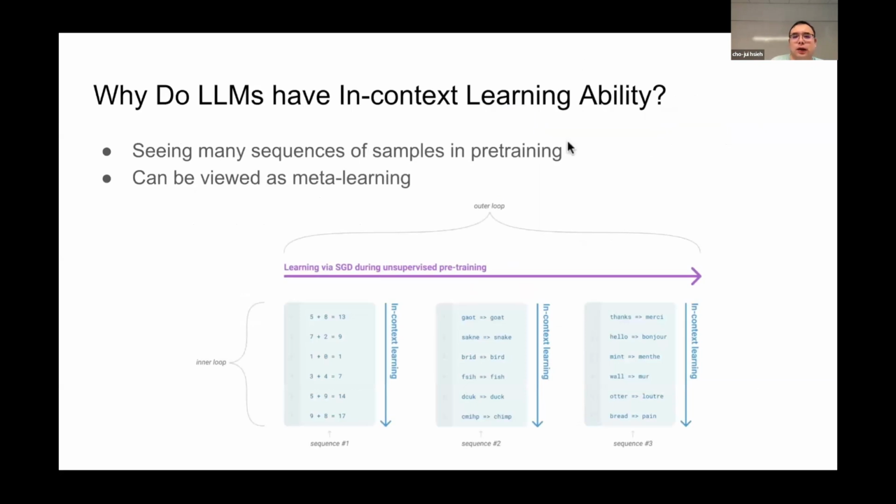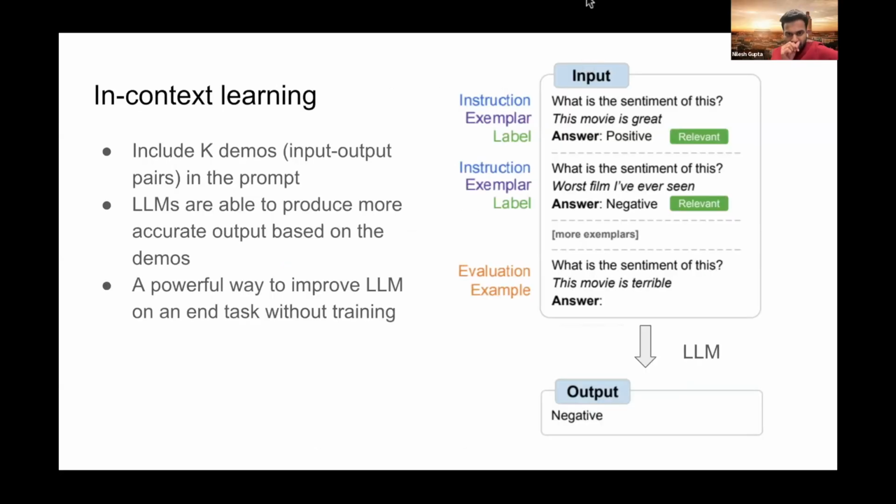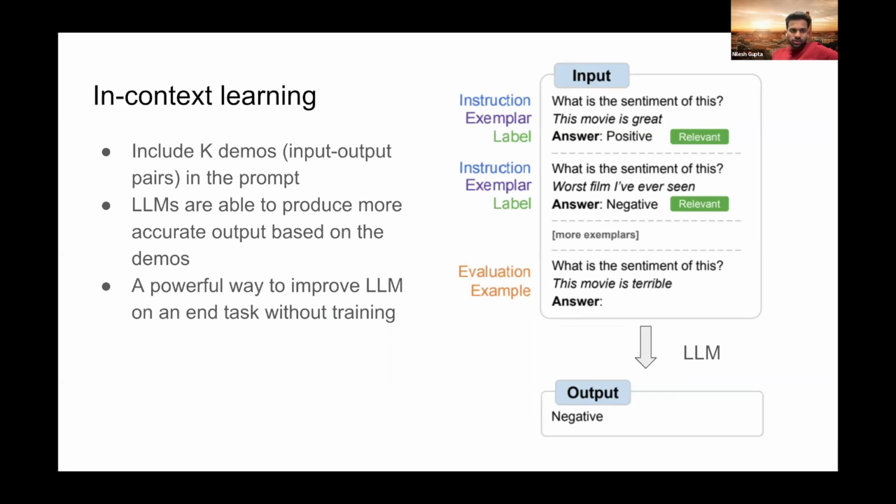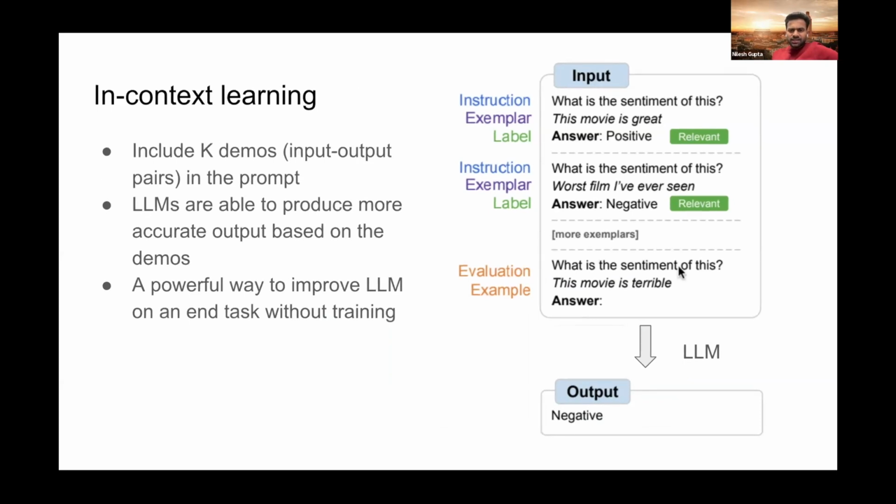Sorry, a quick question. So the current understanding of how in context learning is helping an LLM is that the LLM is able to do some smart KNN over the given examples? I see.